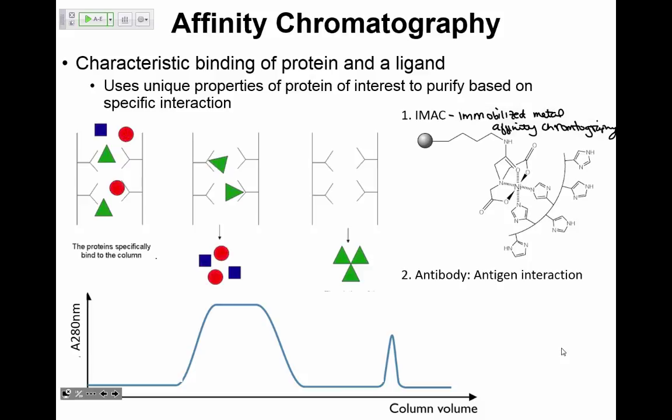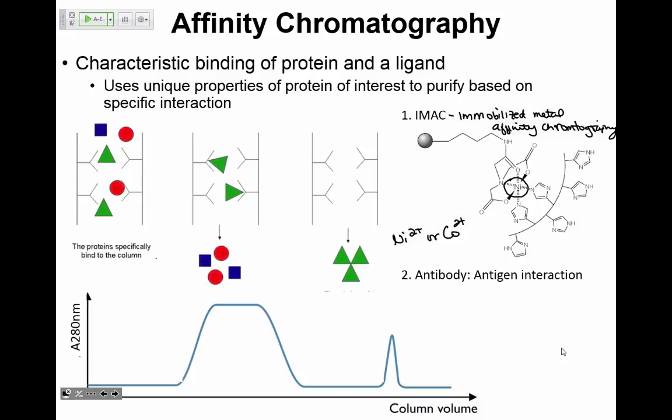So how this works is usually you have some sort of divalent metal. It's usually nickel or cobalt are the two that I've used. You can sometimes use copper. But what you do is you have that nickel supported on some sort of resin or bead.